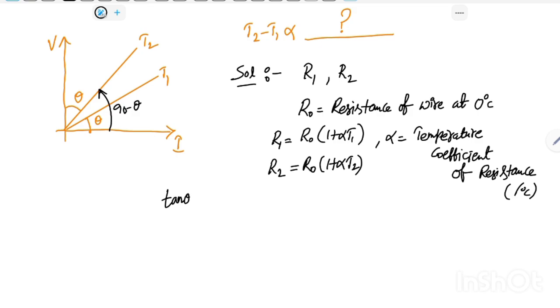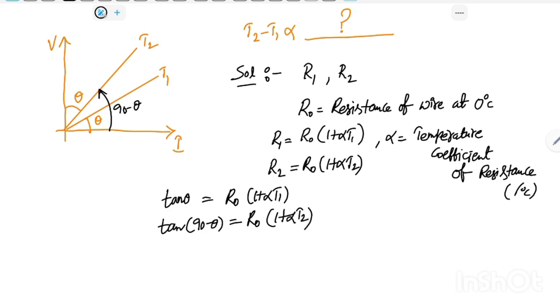Okay. So for resistance R1, in place of R1, we can substitute tan theta, and it is equal to R naught into 1 plus alpha T1. Okay. Now for the next straight line, which is making an angle of 90 minus theta with the current axis, we can write tan of 90 minus theta is equal to R2, sorry, R naught into 1 plus alpha T2.